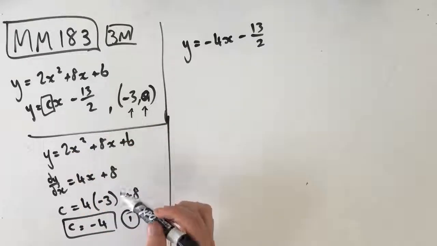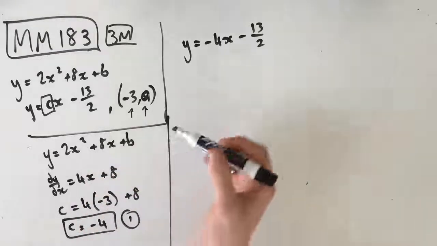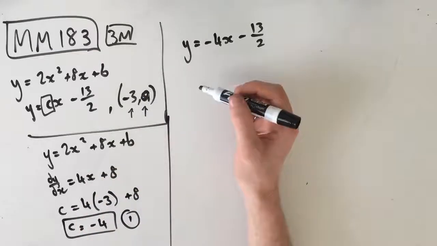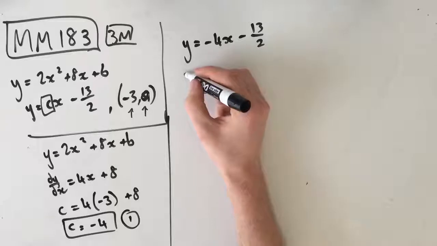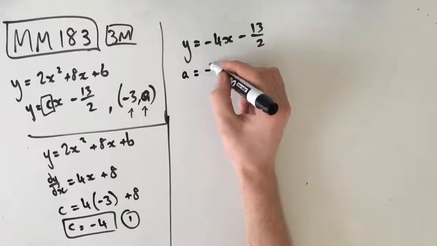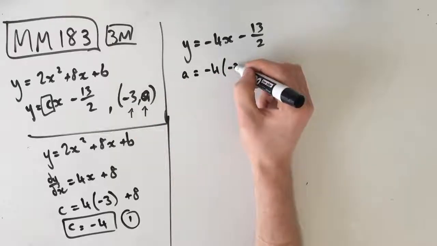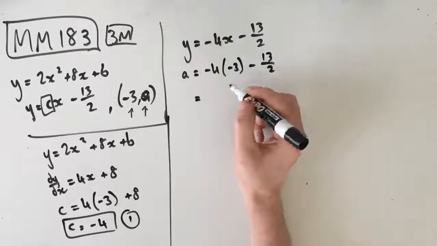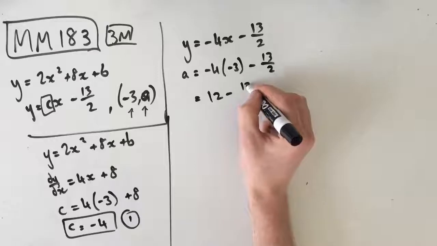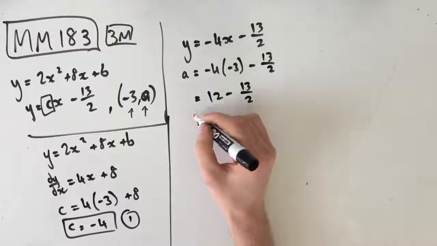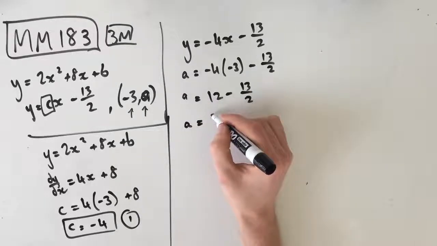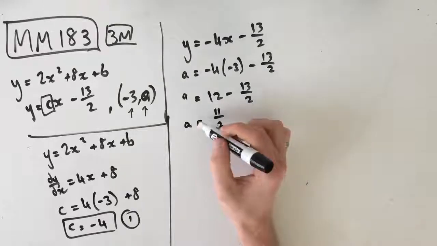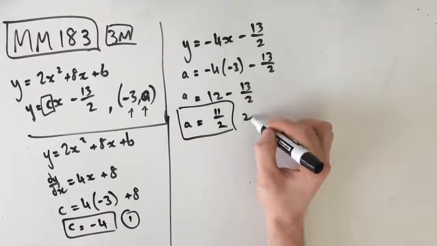So at this point where the gradient is -4 and the x value is -3, our y value is a, which means that a is equal to -4 times -3 take 13 on 2. From here, guys, 12 take 13 on 2, which means that a is equal to 11 on 2. Awesome. That's our second mark.